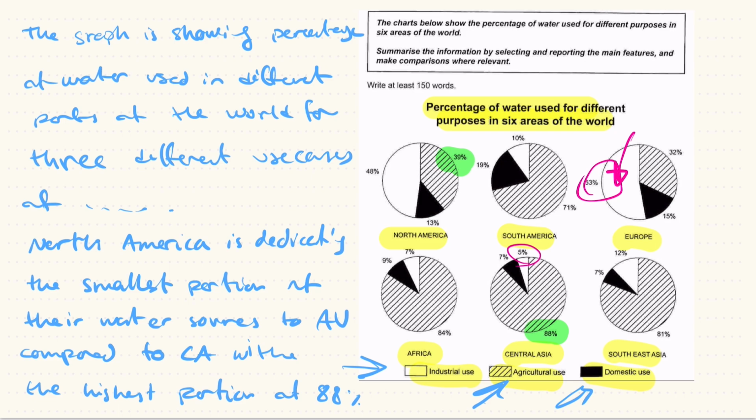We don't need to give all the details like, oh, Southeast Asia is 12%, because that would be way too much. And you only have 150 words. So summarize the key important factors, only talk about the largest portion and smaller portions, and it's perfectly fine. You don't need to describe all the details.